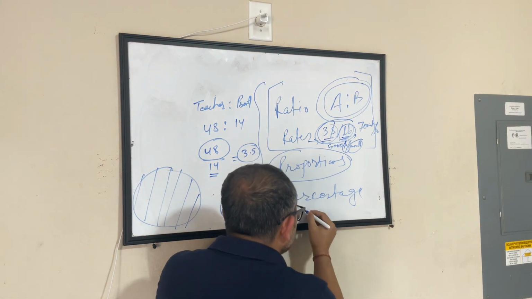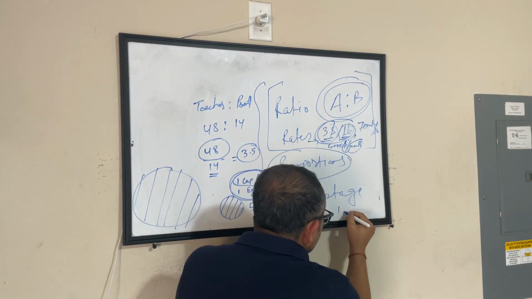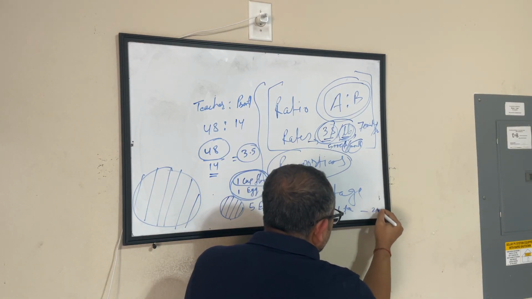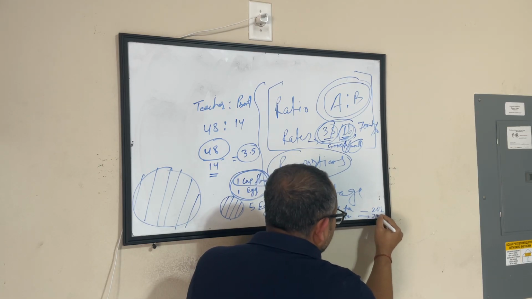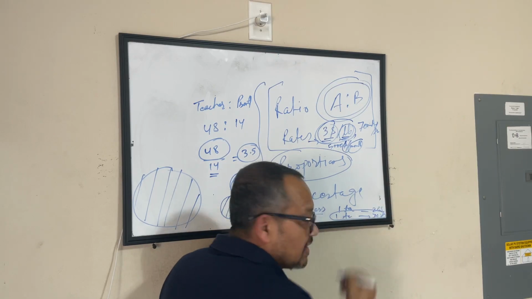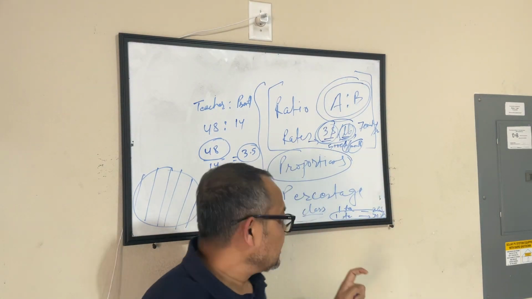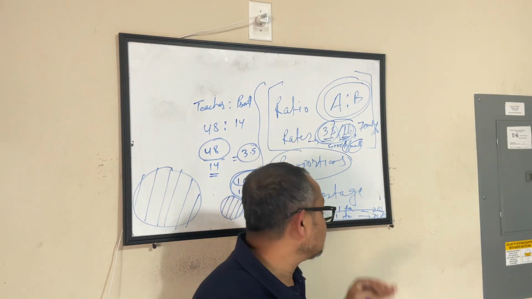Or you would have heard about the teacher to student ratio. If you have a class, one teacher for 20 students versus one teacher for 70 students, what we are compromising is the quality of education. The kids might not be able to follow, or the teacher might not be able to give proper attention to all the kids.